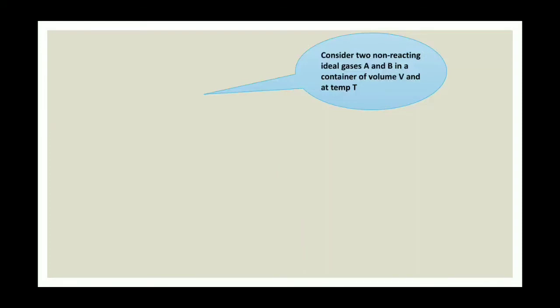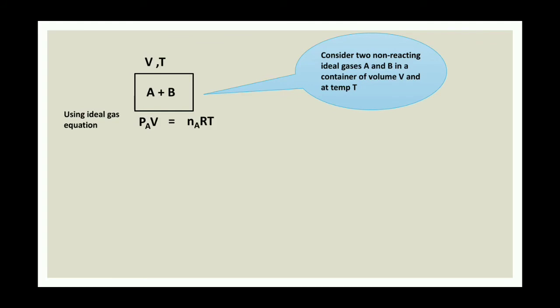Consider two non-reacting gases A and B in a container of fixed volume V and temperature T. We are going to use the ideal gas equation for gas A and gas B and for the total volume as well. So using the ideal gas equation for gas A, we can write PAV is equal to nART.